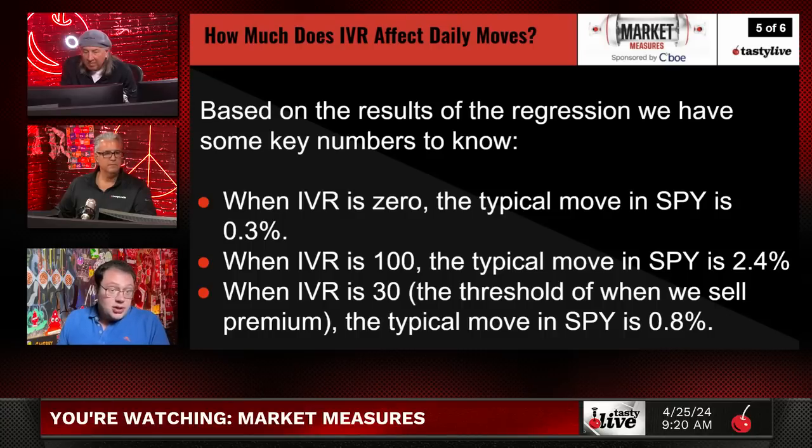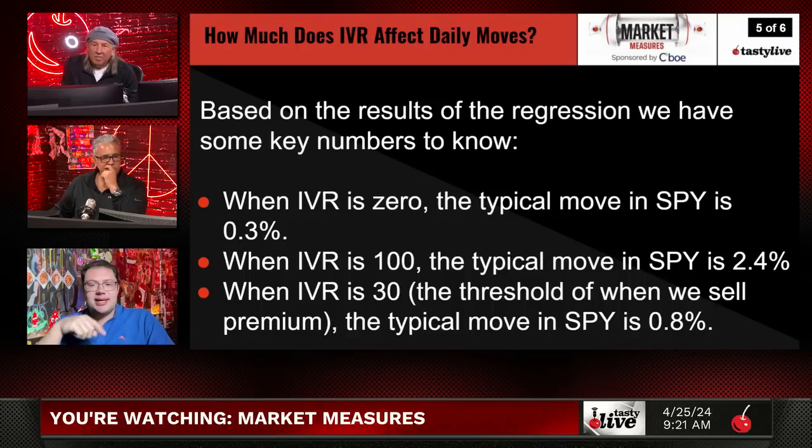We've seen it close to 70, 80, but 100 is the max. We haven't seen it yet in April, but when we do, on average over the last 18 years, that move in SPY goes to approximately 2.4%.